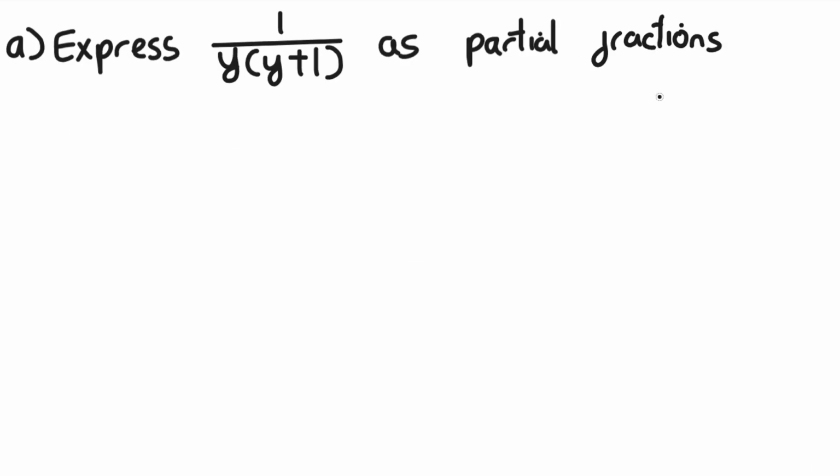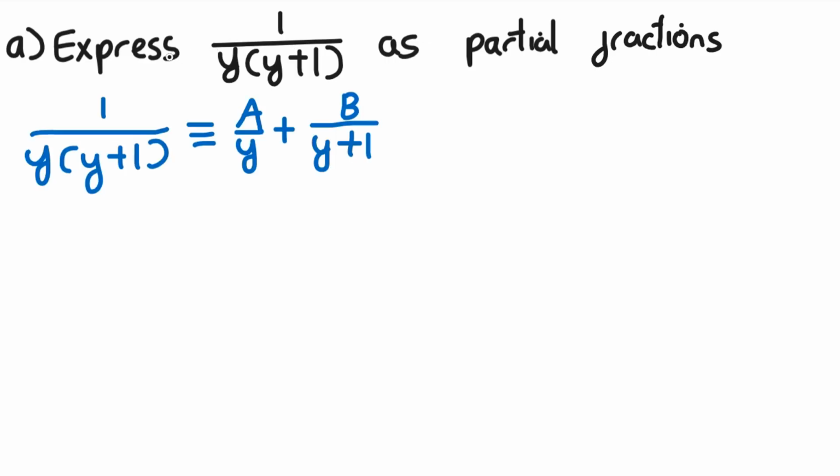Okay, so for part A, we need to express 1 over y plus 1 as partial fractions. So this is just a very easy partial fractions question. Okay, so we can split this up into two partial fractions, one of them having the denominator y and the other one having the denominator y plus 1. And then we're going to multiply all the terms in this equation here by this denominator, so y plus 1.